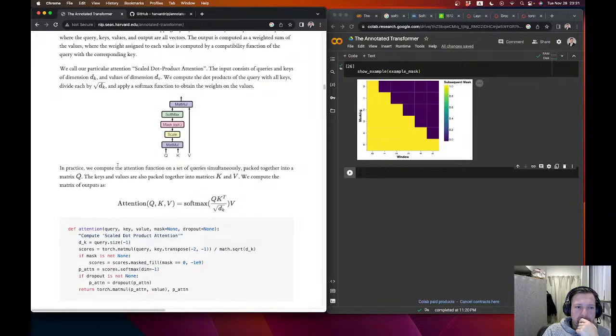Okay, in practice we compute the attention function on a set of queries simultaneously, packed together into a matrix Q. The keys and values are also packed together into matrices K and V. We compute the matrix of outputs as softmax.